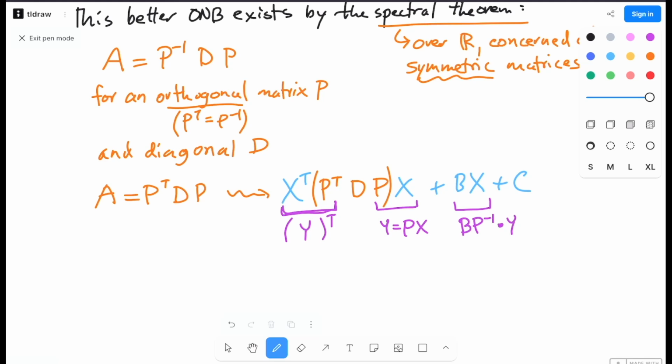Right, so the new equation is Y transpose times some diagonal matrix, Y plus, let me call it B prime, some other linear term. It's a constant term.